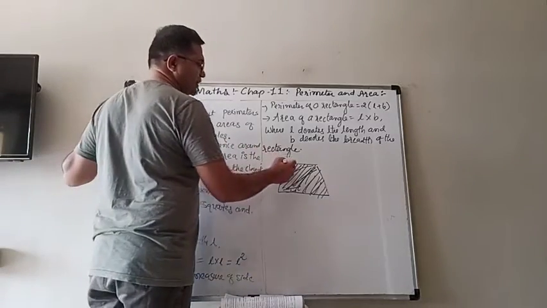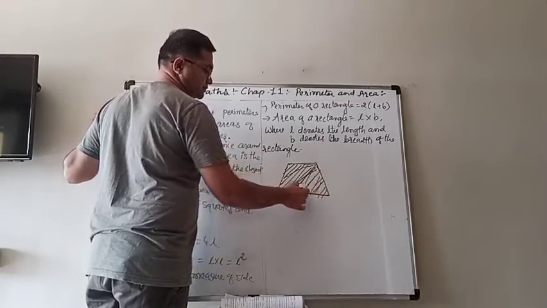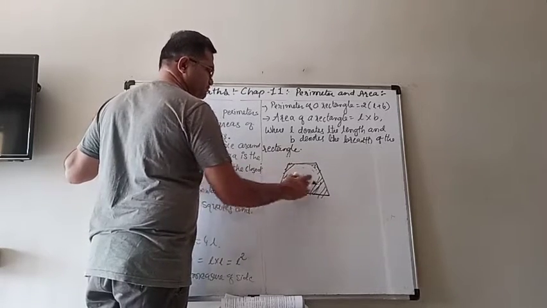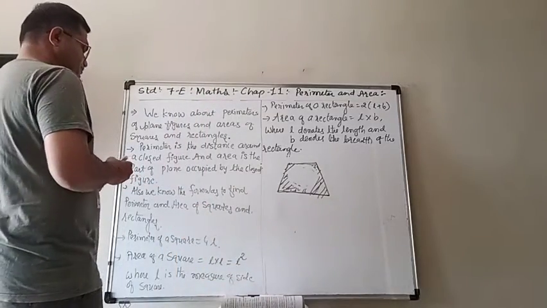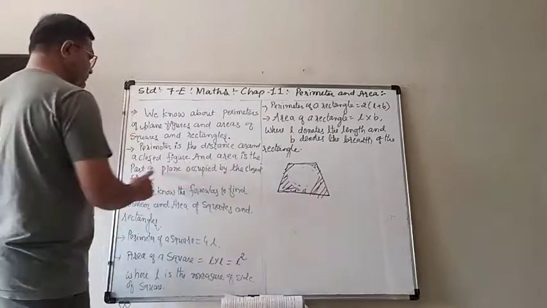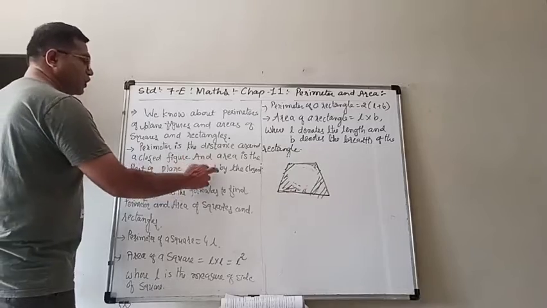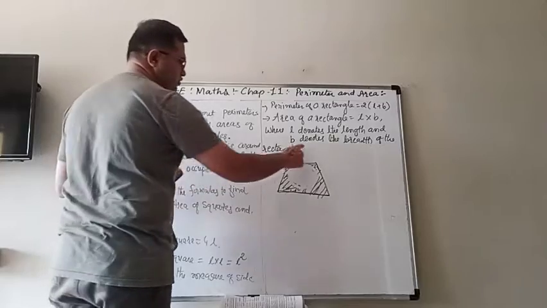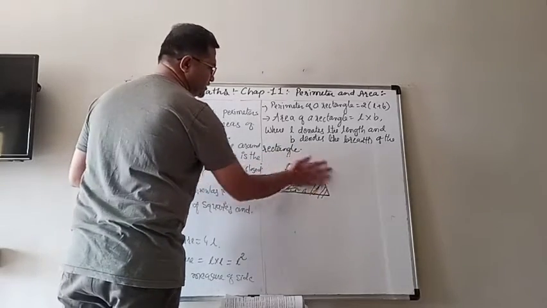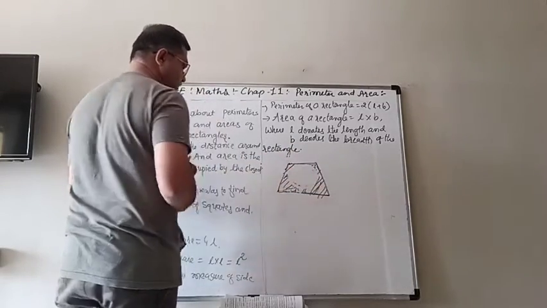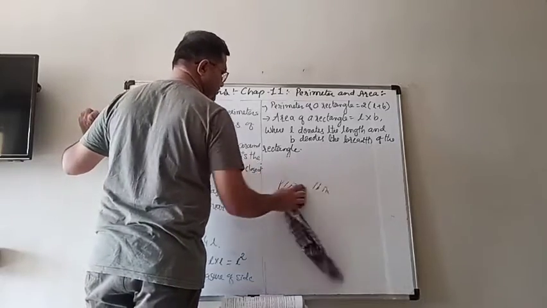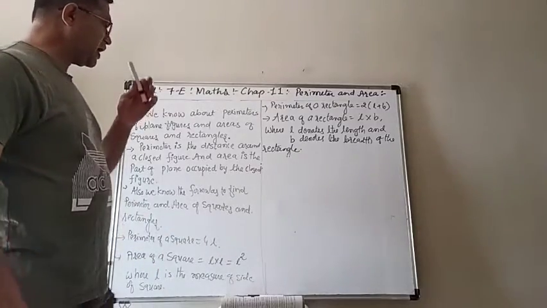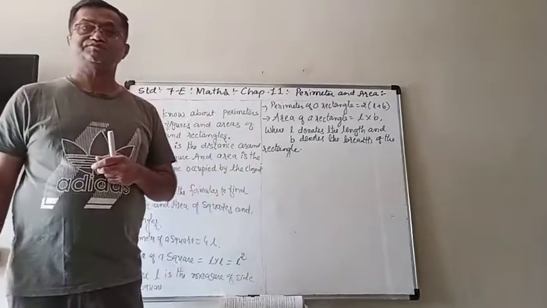In perimeter it is only the length of the boundary. But area means the whole part that is occupied. So area is the part of a plane occupied by the closed figure. When you draw this closed figure, it occupies that much place, and the measure of that place is known as the area of that closed figure.